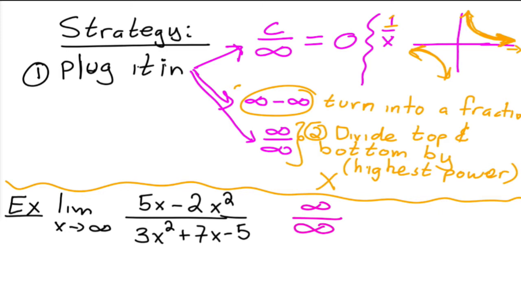Okay, so then what I'm saying is divide the top and bottom by x raised to the highest power. Now the highest power out of all of these is 2. So we're going to divide each one of these by x squared. So everything by x squared.